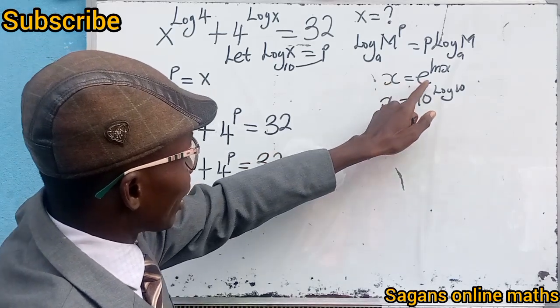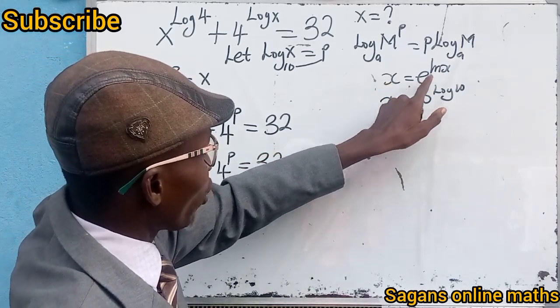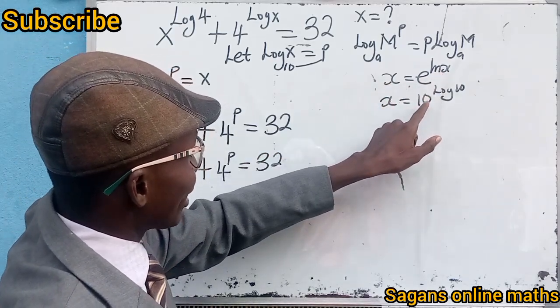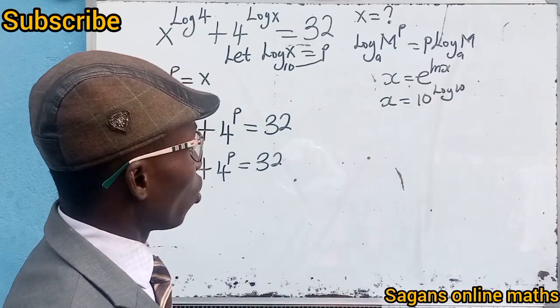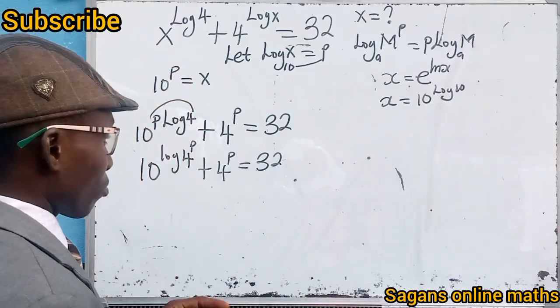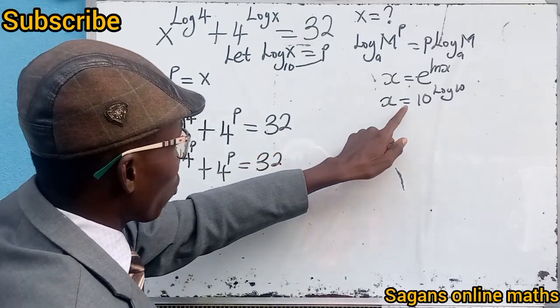If s equals e raised to the power of ln s, that means s is equal to 10 raised to the power of log s.